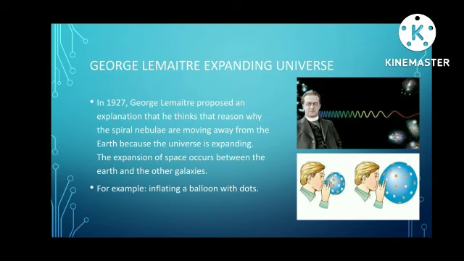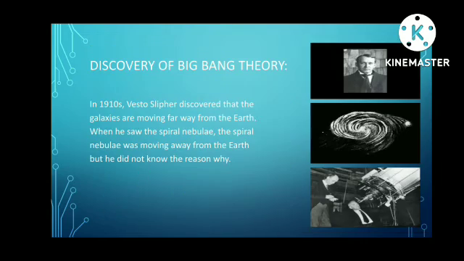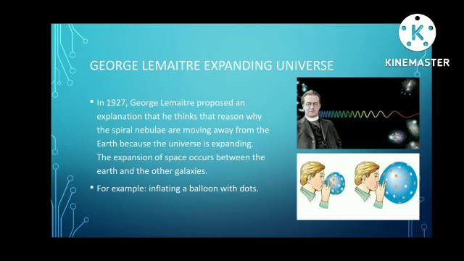Next, we have George Lemaitre, Expanding Universe. So after the discovery of Vesto Slipher in 1910, in 1927, George Lemaitre proposed an explanation that the reason why the spiral nebulae are moving away from the Earth is because the universe is expanding or continuously expanding.